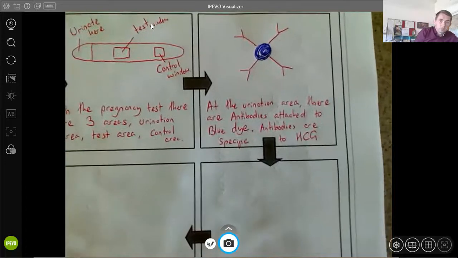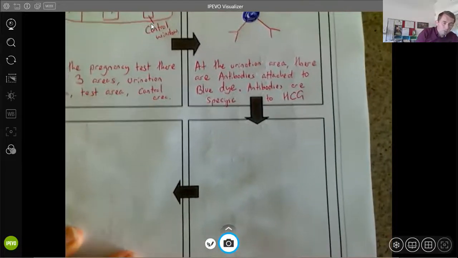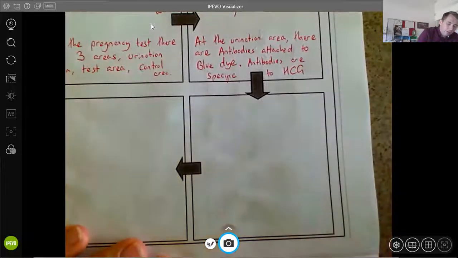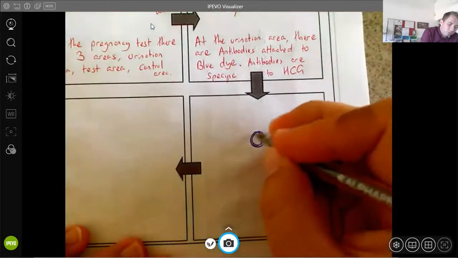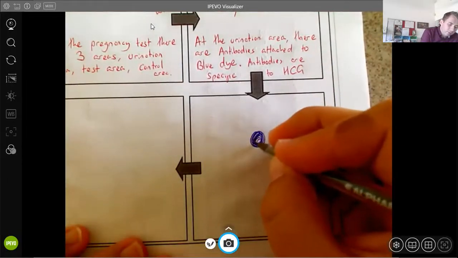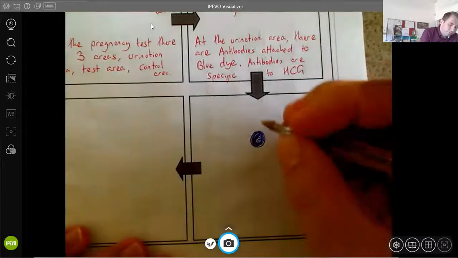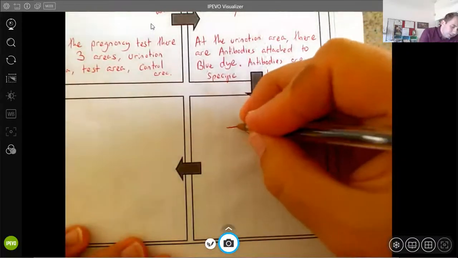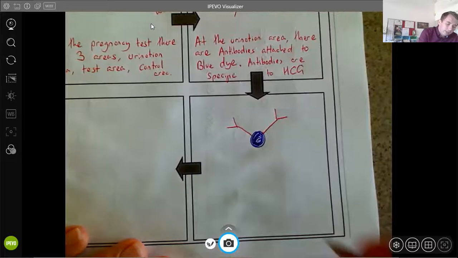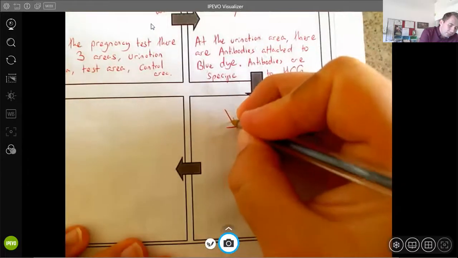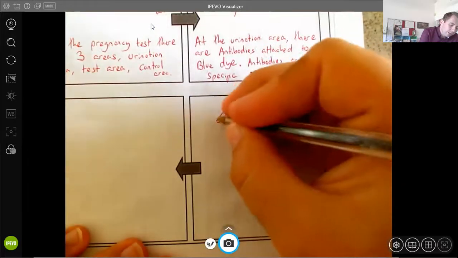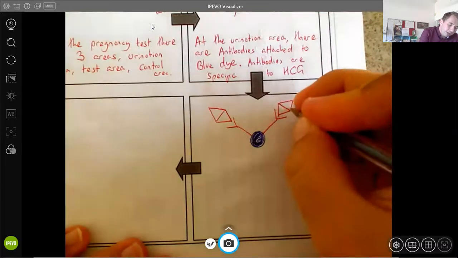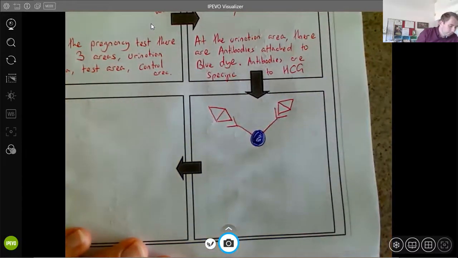So if you've got HCG in your urine, okay, what happens is I'm going to draw again this blue dye with my antibody coming off it. I'm just going to draw 2 this time so we've got more space to write. The HCG is going to bind to the monoclonal antibodies on the blue dye.